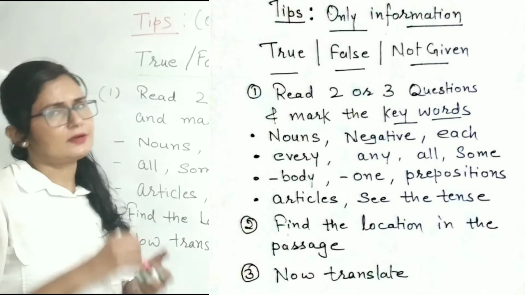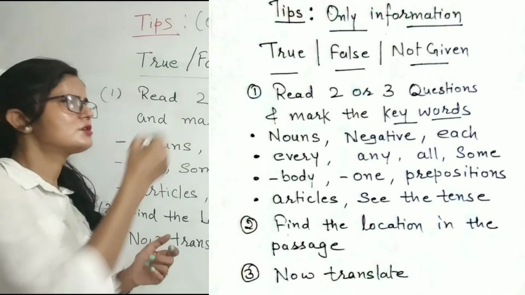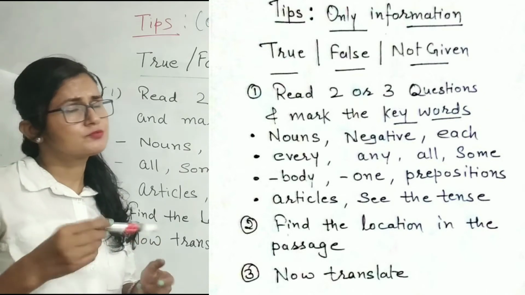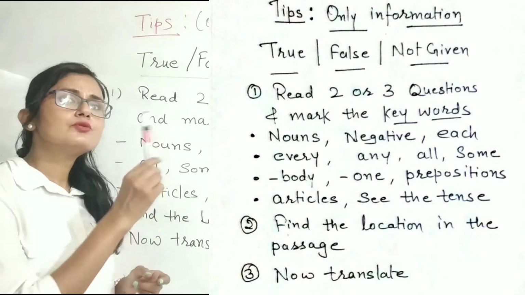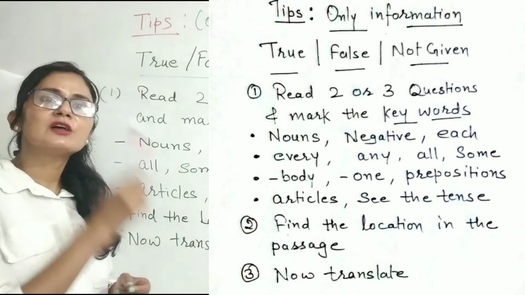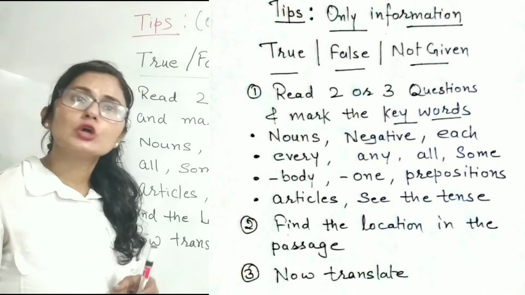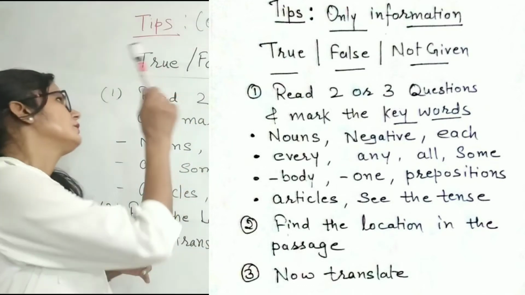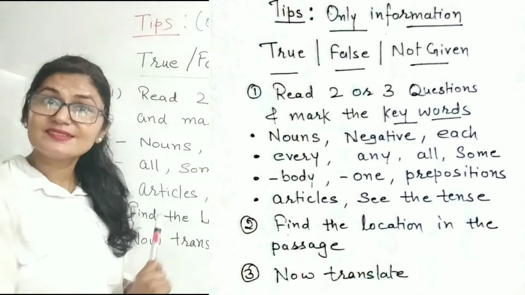Then you can correct it. If you are not 100% sure, yeah, first question, wait, it can be wrong, right? Then go to find the first question answer again, where you have written not given. So, that's why read 2 or 3 questions and mark the keywords.